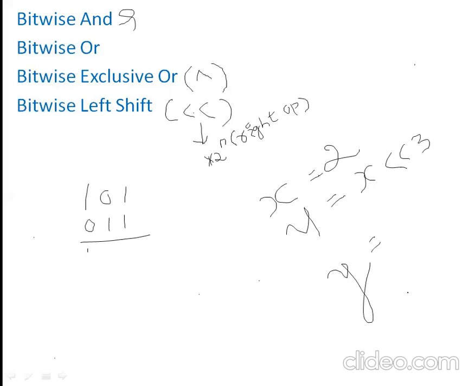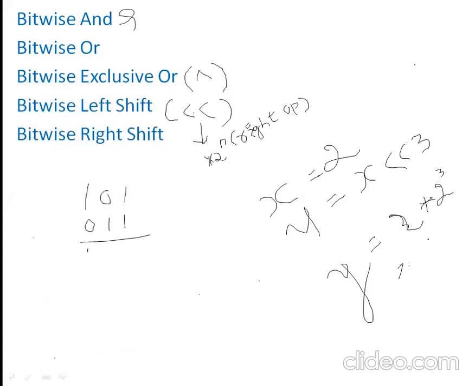Can you say what will be the value of y? See, x is 2, right? And left shift we replace with into 2 to the power n. Here, what is the right operand? 3. So 2 into 8, 16. Yes, right. Like this.